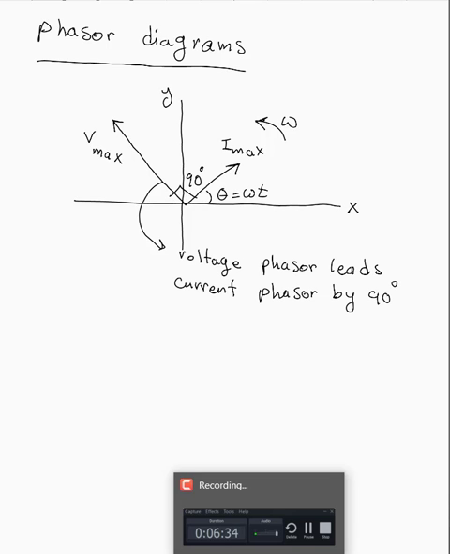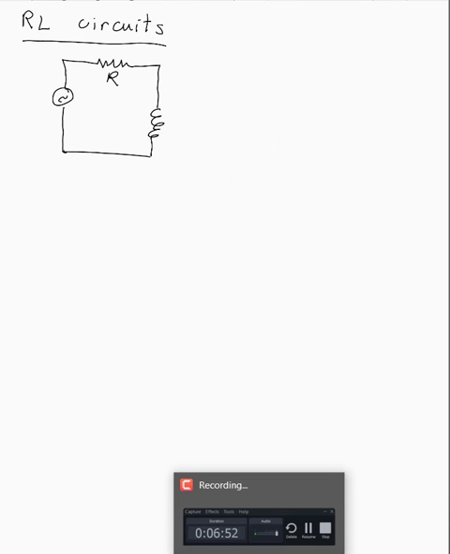Okay, next let's talk about the case that we have both resistor and inductor in the system. Very similar to the case that we had RC circuits, we can have RL circuits. In RL circuits, as obvious from the name, we have a resistor and we have an inductor.